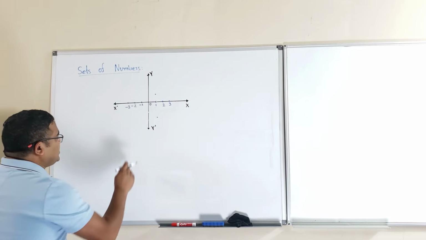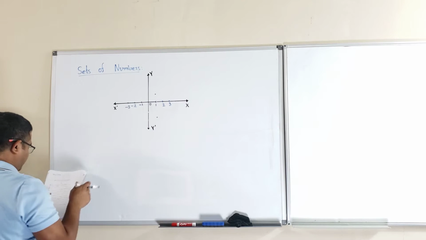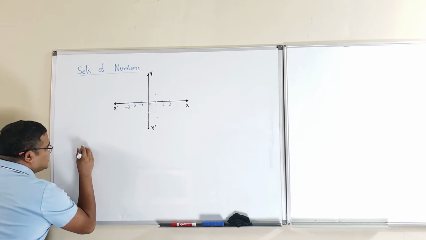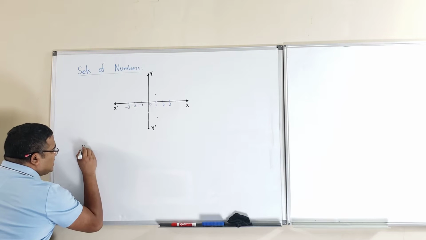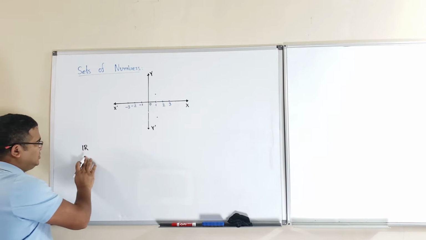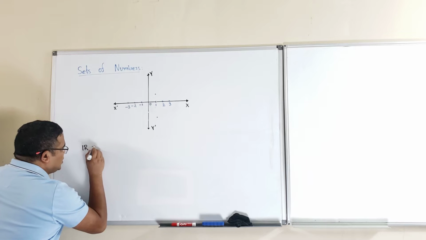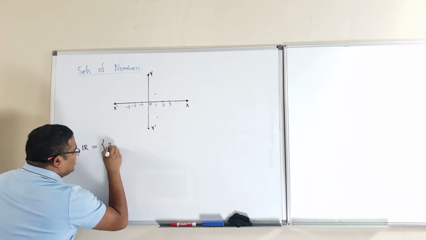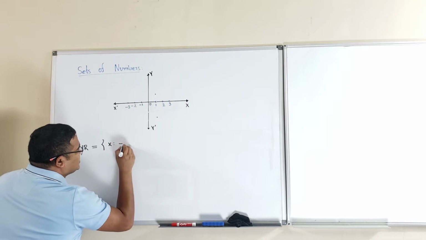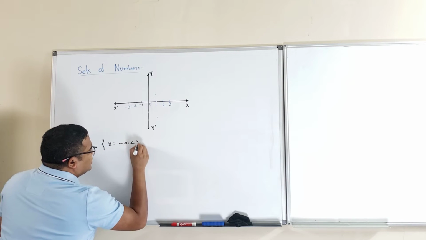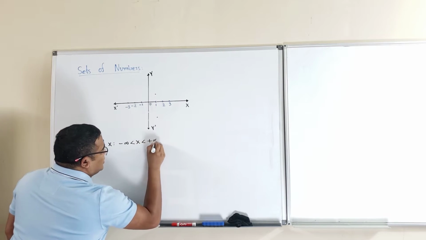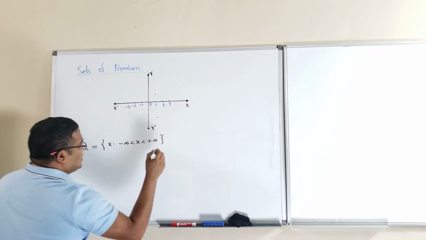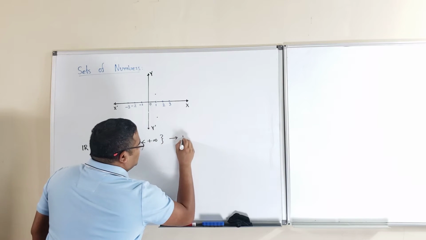So, what is the definition of real numbers? Real numbers is denoted by R with a double leg, and you can write it roughly as x, where x is from negative infinity to positive infinity. Okay, so this is real numbers.